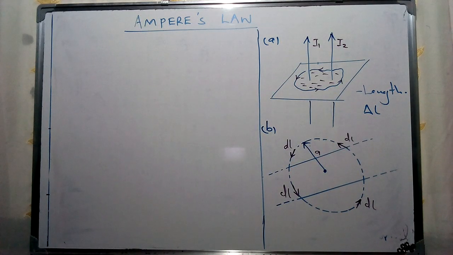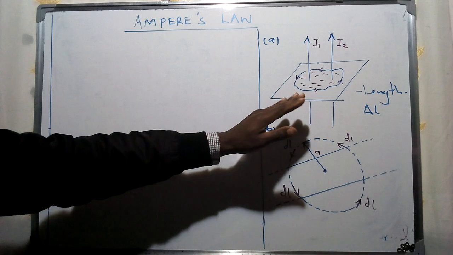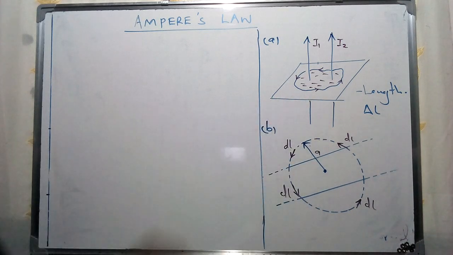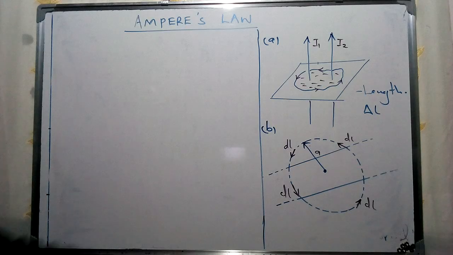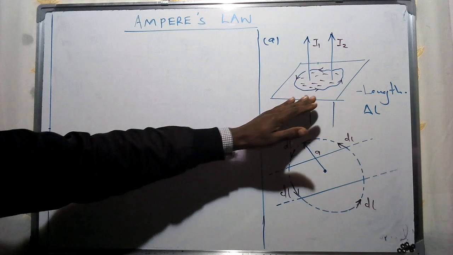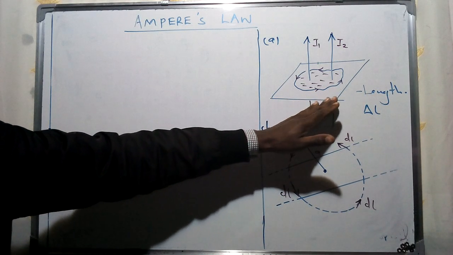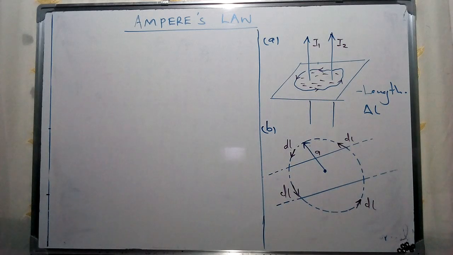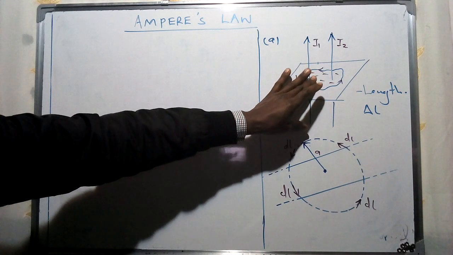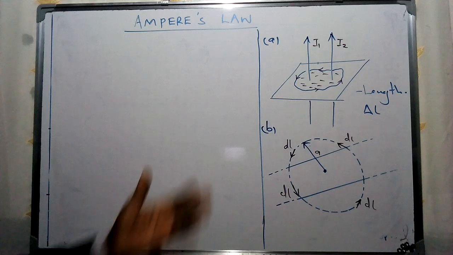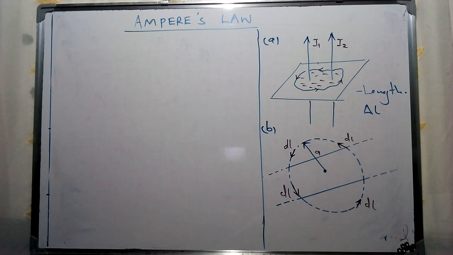Now we're going to see that if we take the length of each segment and multiply it with the component of the magnetic field parallel to that segment, and sum all of this, we're going to find that the result is equivalent to the product of mu naught and the net current.